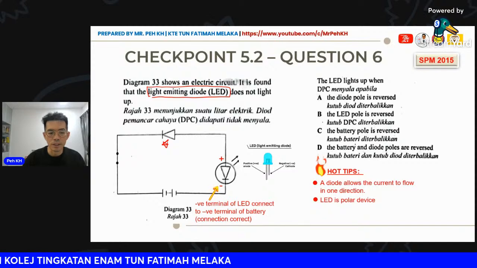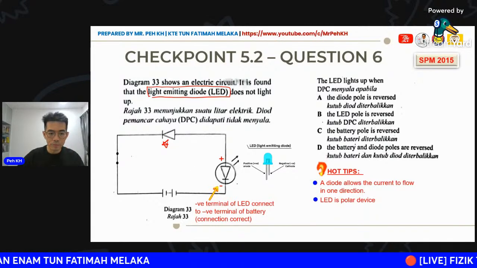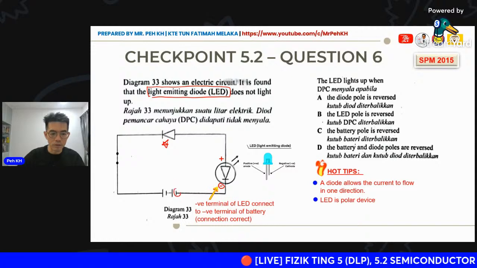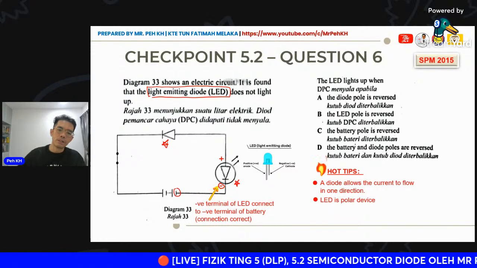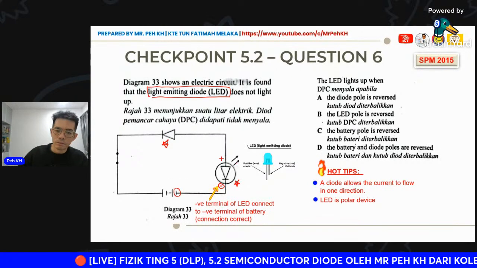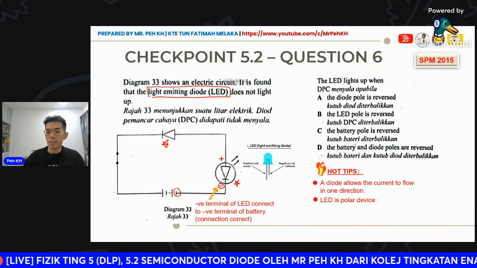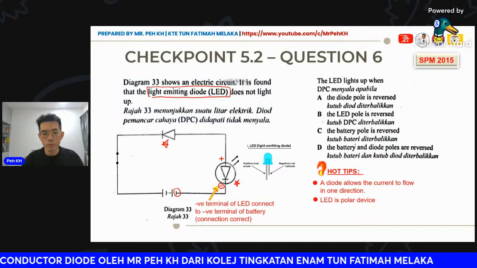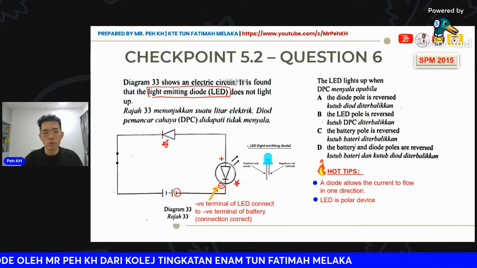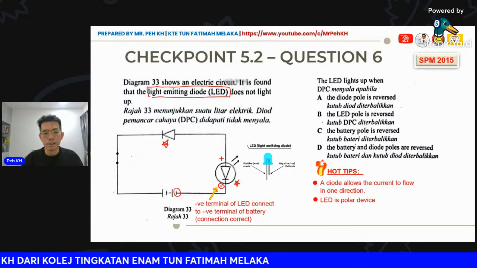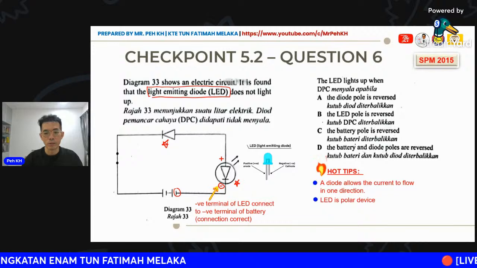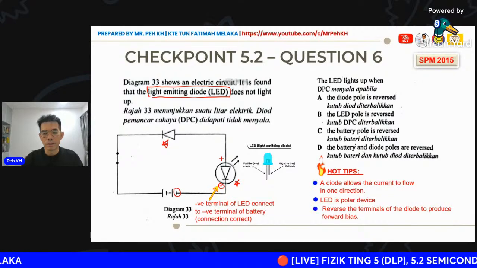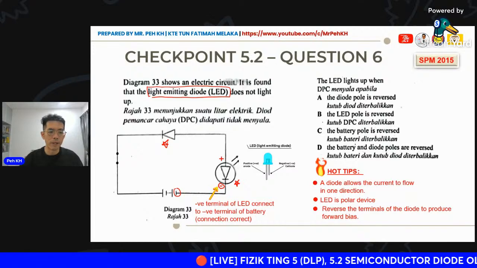Okay, so here the negative terminal is connected to the negative terminal of the battery. That means the position of the LED is actually correct. So what we can do is change the direction of the diode, because here the diode is connected in reverse bias now.